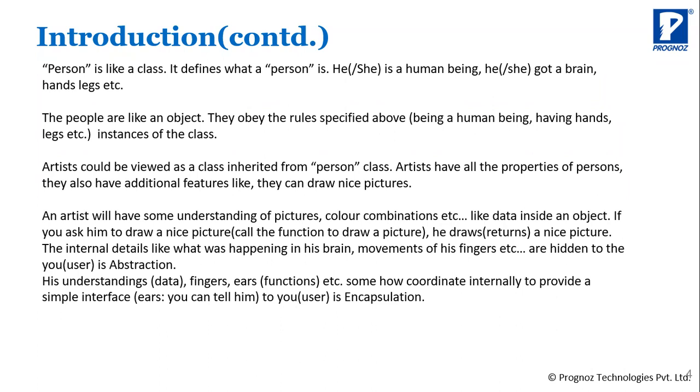So whenever we are an object, everything is with us: hand, head, eyes, nose, leg. That means it is bound with our body. That is nothing but encapsulation. Is it understood about the encapsulation and abstraction concepts? Yes, is that clear?